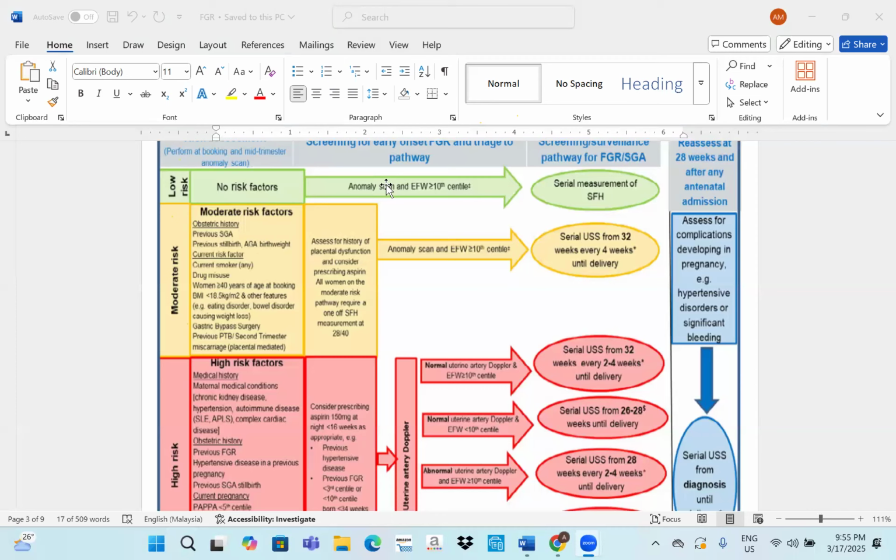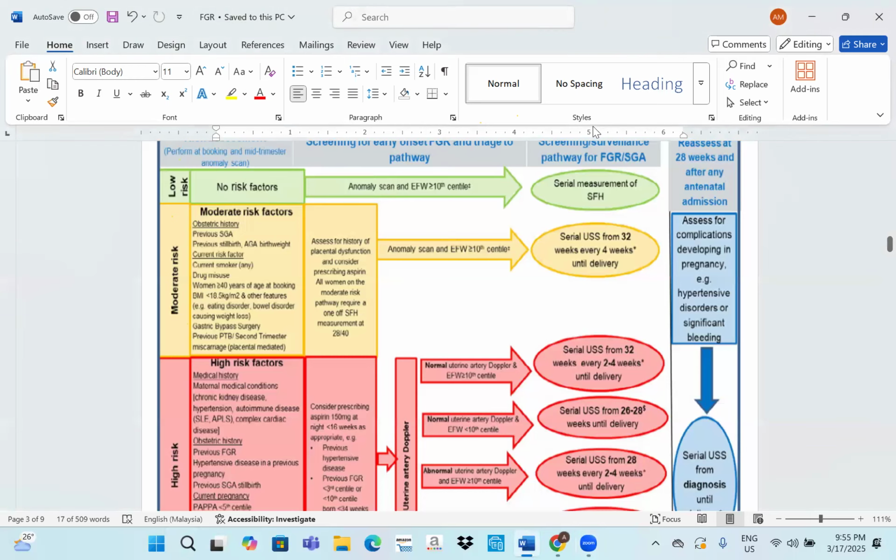But if you have the estimated fetal weight, then you can use the estimated fetal weight given in the ultrasound. For both of them, whether you are plotting with symphysiofundal height or using estimated fetal weight, there are two clear lines. One is the 10th centile, one is the 90th centile, and it shows you whether it falls in between, or below, or above it. Okay.